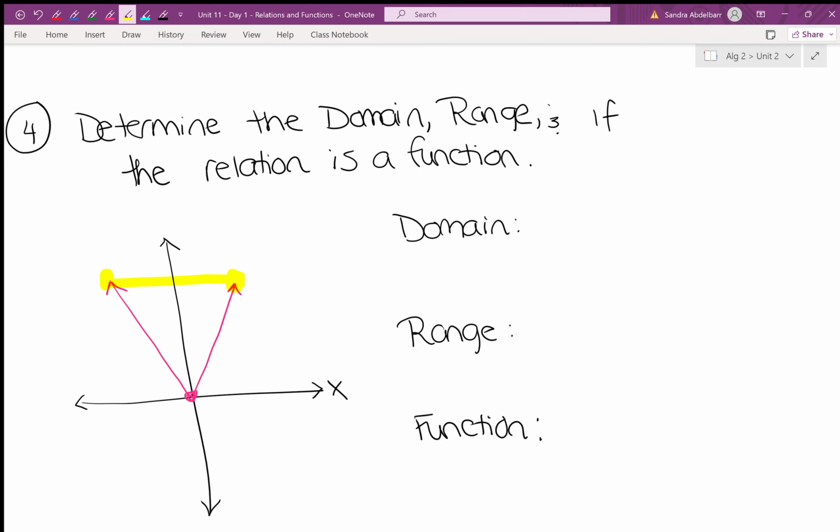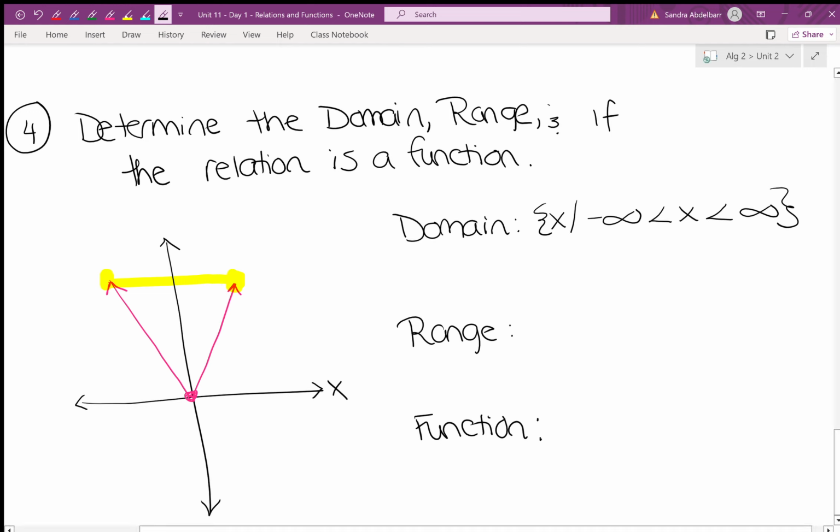We can write this in set notation. So squiggly brackets, x such that negative infinity is less than x, which is less than positive infinity. Or, what's the other way? Yes. Is infinity ever included?